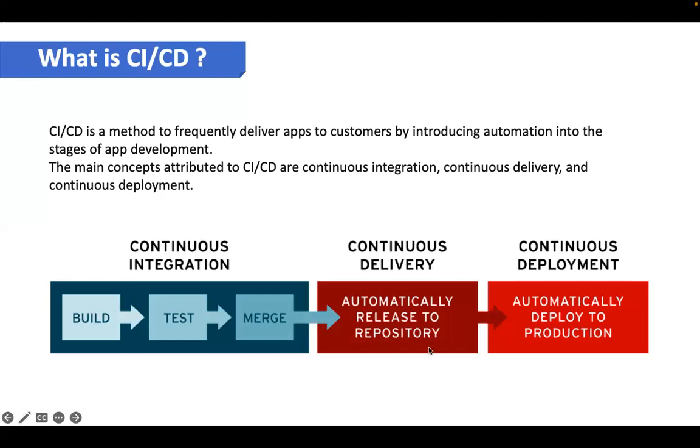This part, continuous delivery, goes until your staging environment or the repositories. From the repository, after continuous delivery, we have to perform system testing, integration testing, all sorts of testing will be carried out, right? Continuous testing will be carried out. And after that, once it is successful, what will happen?